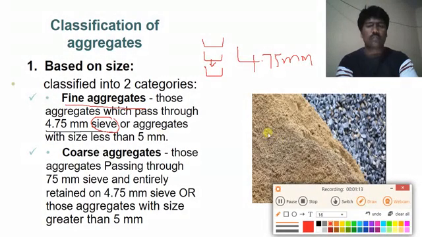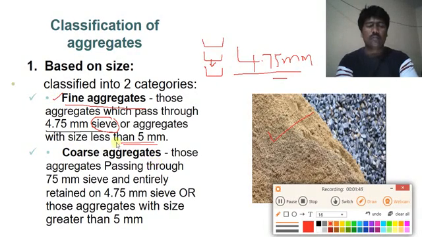So I can say sand is finer than 4.75 mm. Suppose in that sand itself some particle might be greater than 4.75 mm, which is not considered here as a fine aggregate. Or else we can say the aggregates with size less than 5 mm are also called fine aggregates.